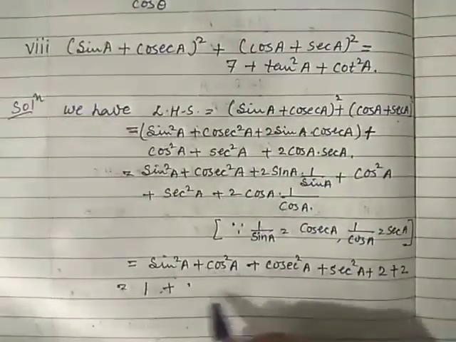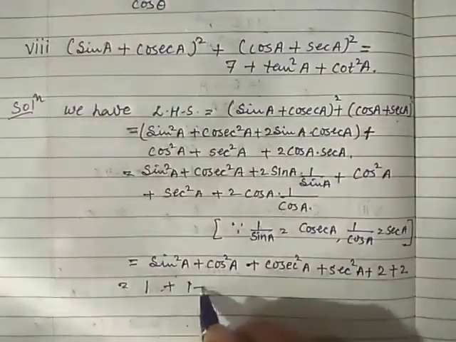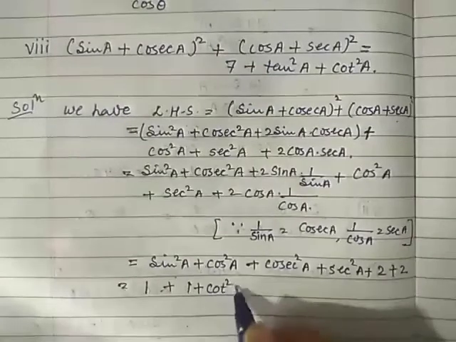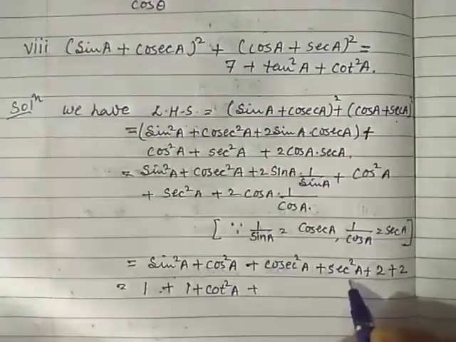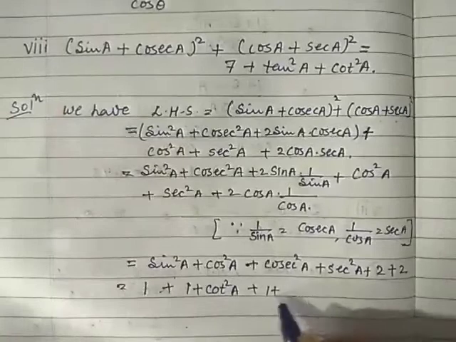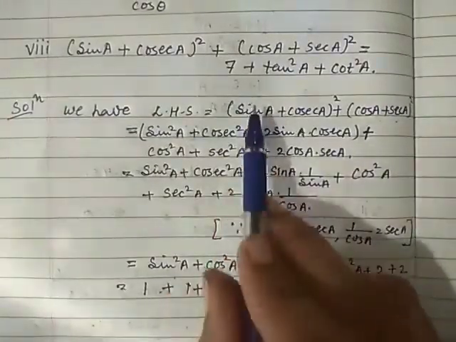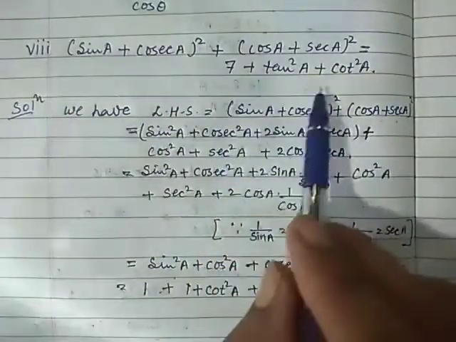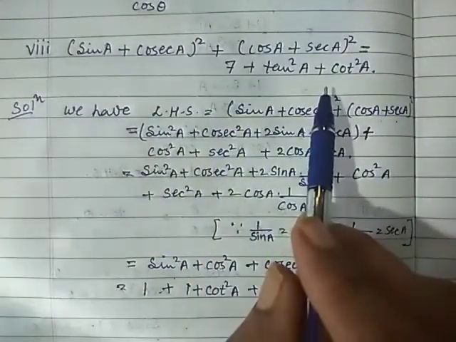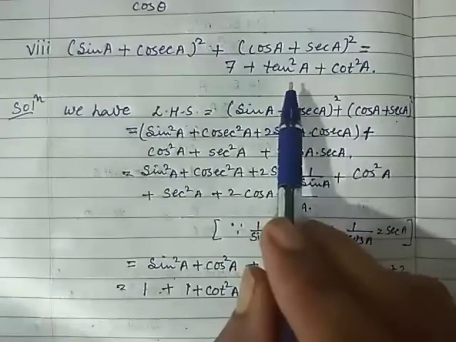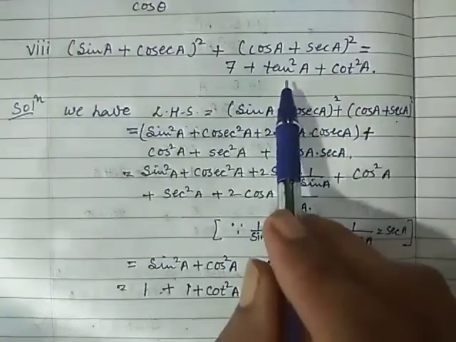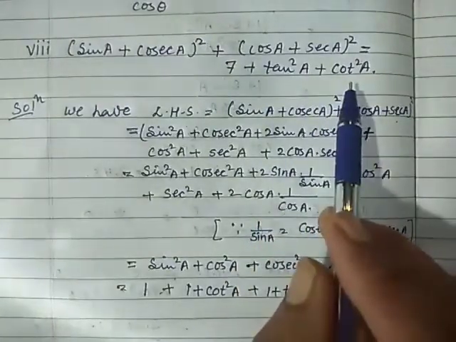So cosec square A can be written as 1 plus cot square A, and sec square A can be written as 1 plus tan square A, because we have to see what things are required in the right hand side. In the right hand side we want tan square A and cot square A also.